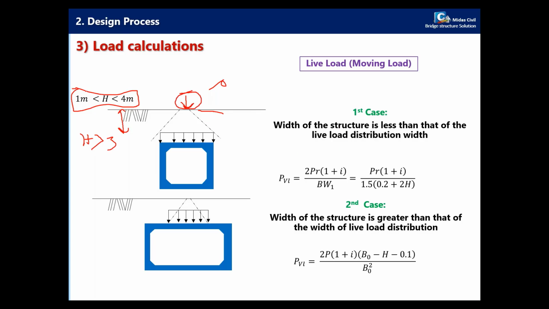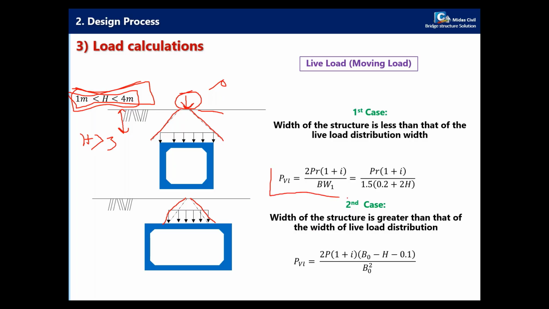For our case, we have this one, when the influence of the live load covers all the structure, and in this case only one portion is covered by the area where we have the influence of the live load.